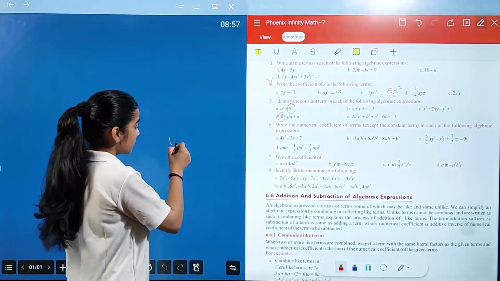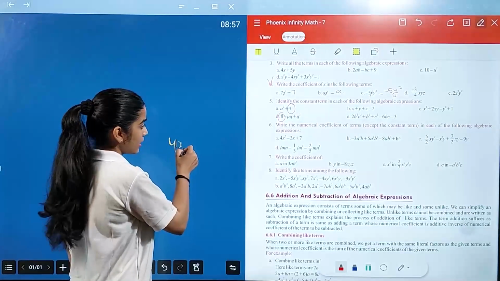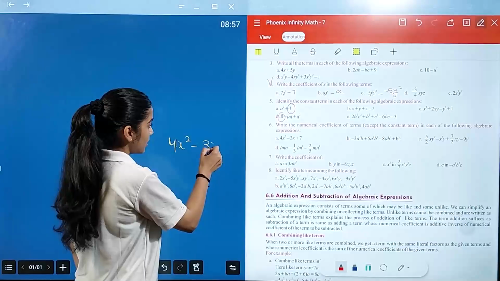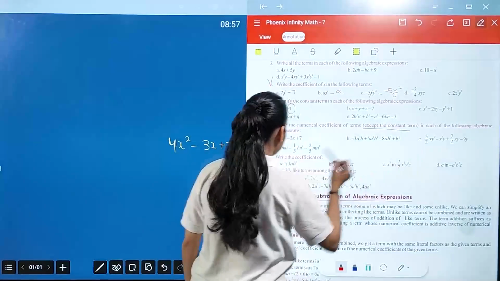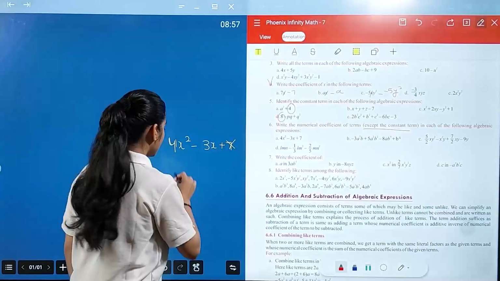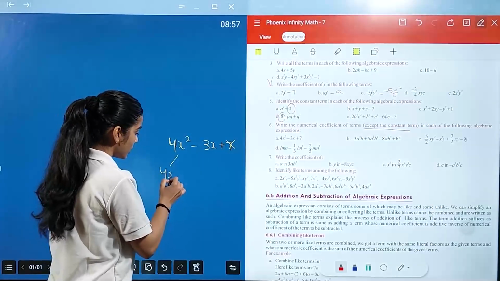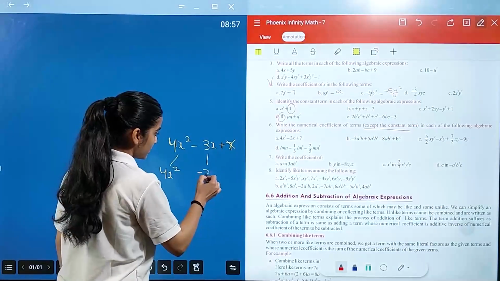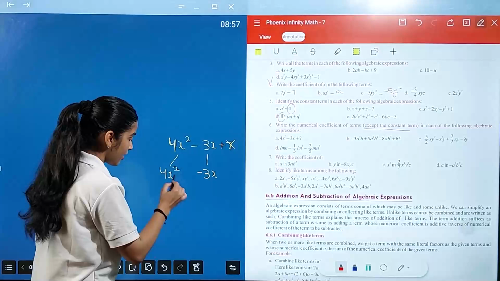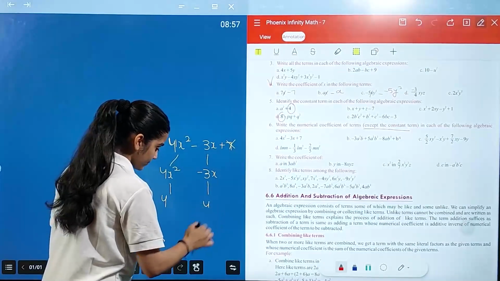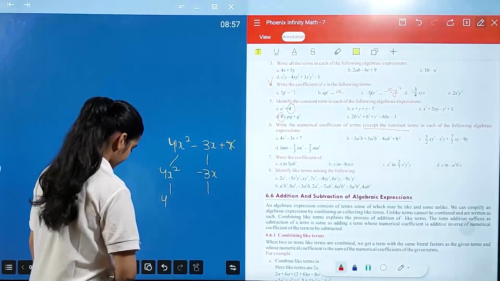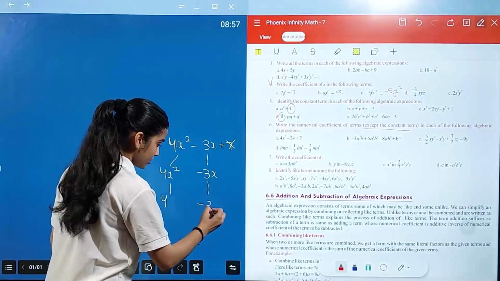So in this, 4x square minus 3x plus 7. We don't need to write the constant term, so cancel it out. Now we have two terms, 4x square and minus 3x. In this, I have the numerical value only 4 and in this, I have minus 3 only.